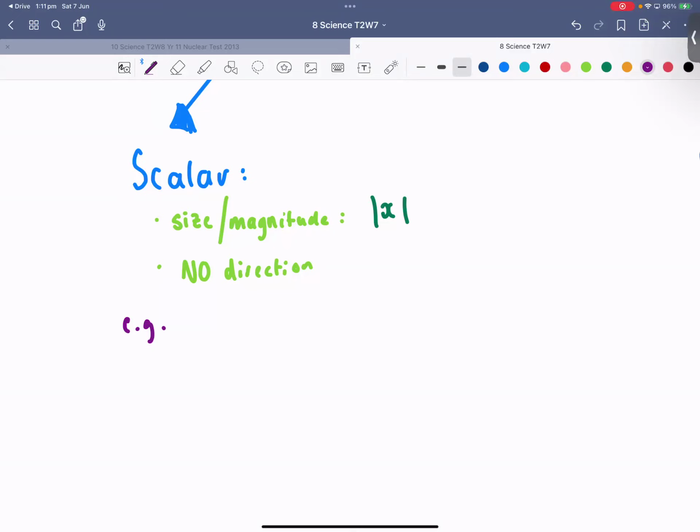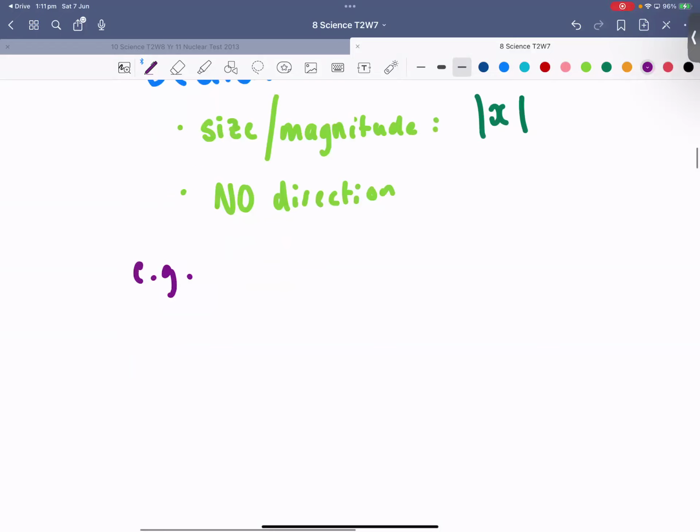When someone asks you, what's your mass? Do you say, my mass is 50 kilos down to the earth? Did anyone say that? No. Hence, mass is a scalar.